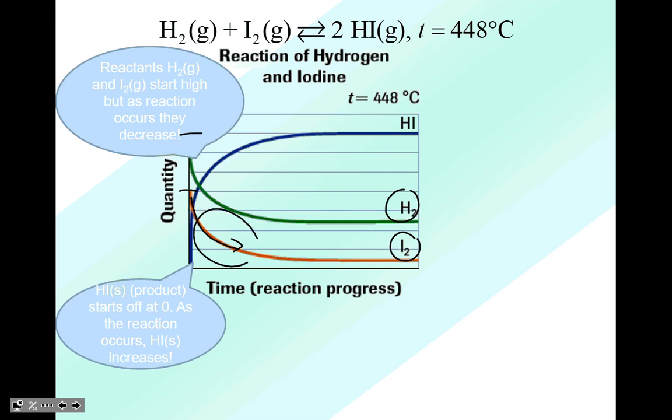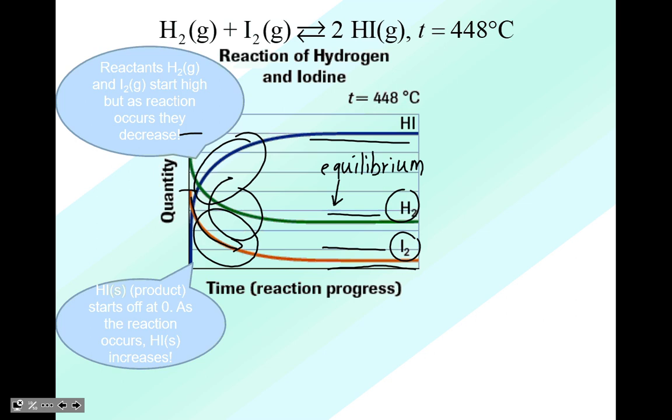At this stage here, this is where the reaction is taking place. When the line goes straight, or it's parallel to the x-axis, this is equilibrium. So the state of equilibrium is reached when the line is pretty much parallel to the x-axis.